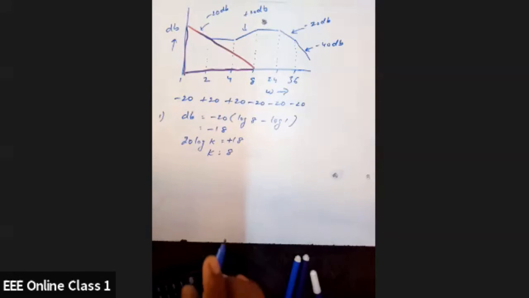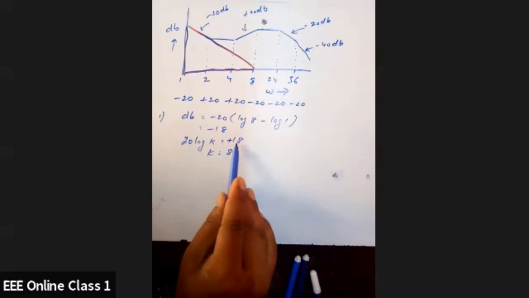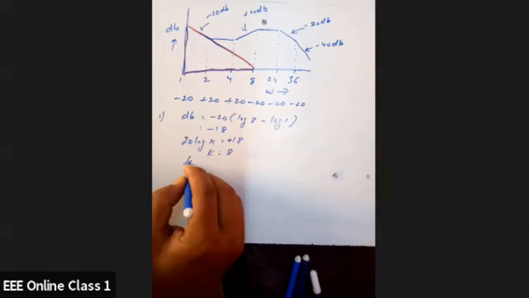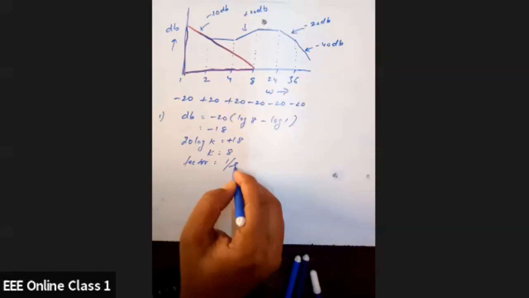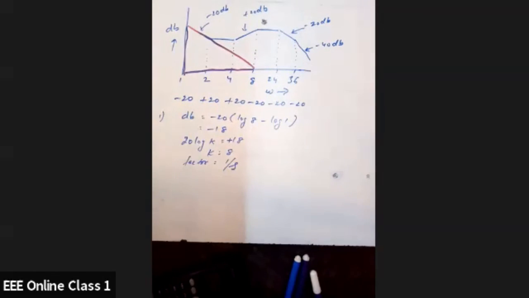Since k has to be greater than 0, so k equal to 8 plus 18, and the factor is 1 by s, because the slope is minus 20, so factor is 1 by s.